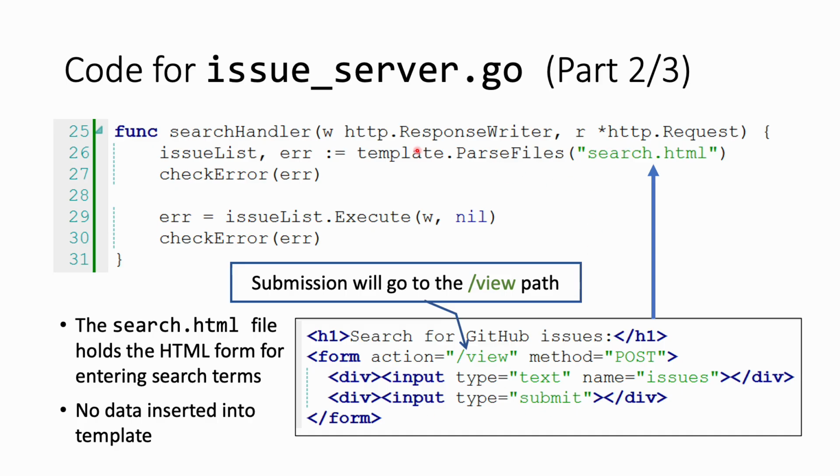After parsing the search.html file, we need to check if the parsing has any error, and if not, we execute the parsed template to a new input and output the result to the response writer of the handler. And finally, we check the error of the Execute function.